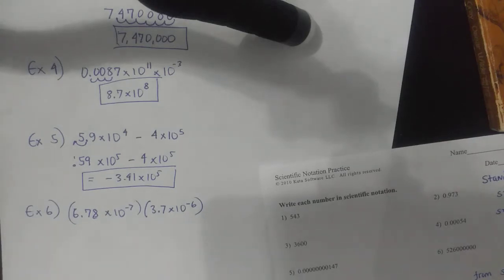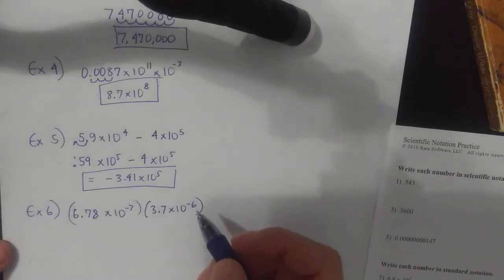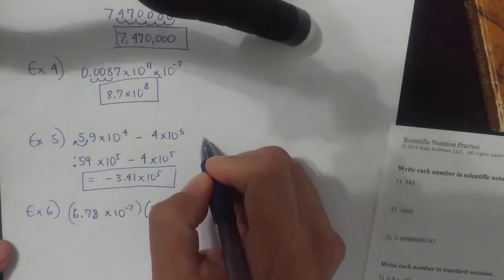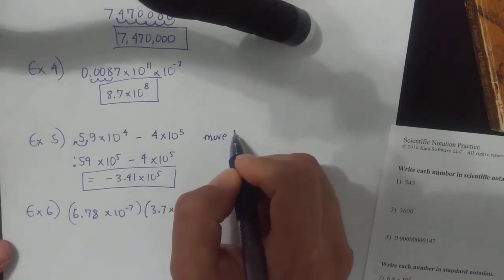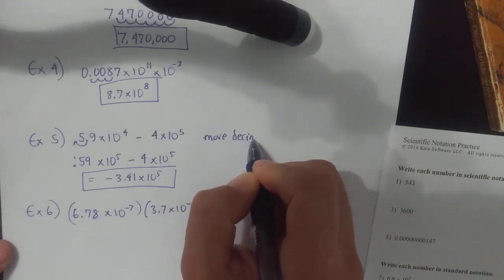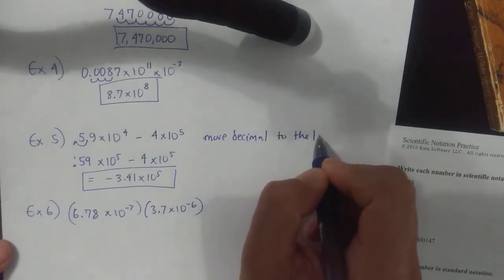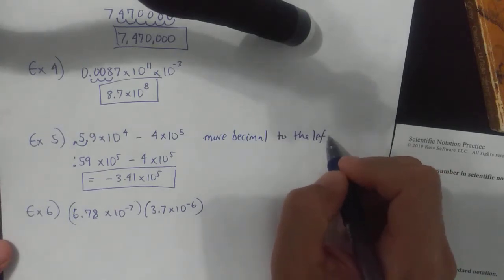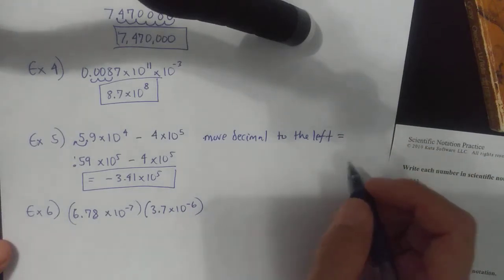Something like that. So here the important rule is if you move the decimal to the left, that equals a positive exponent.